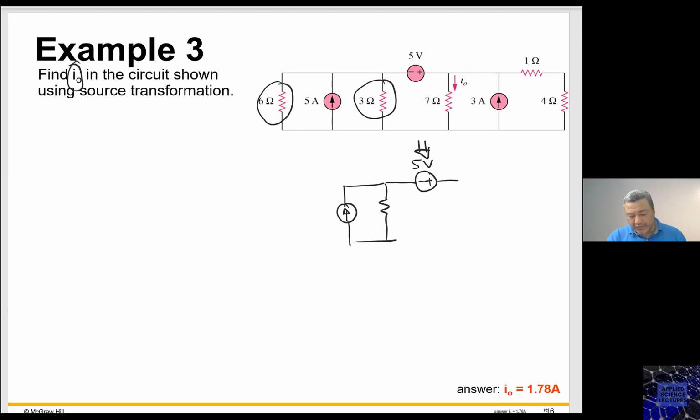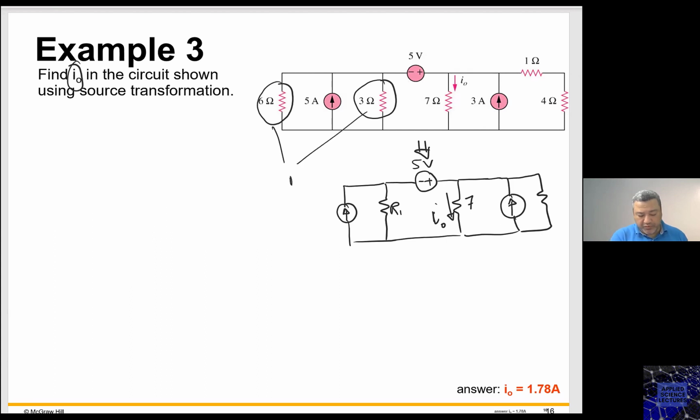Again, I don't need to do any changes on this 7 ohm because it has the current that I want to calculate. Any changes in it will change the whole value. And also I have this current source. So this resistor, let me call R1, is indeed the contribution of those two.